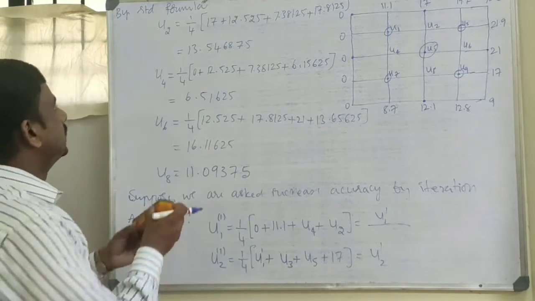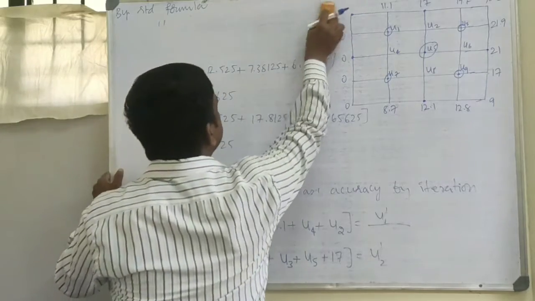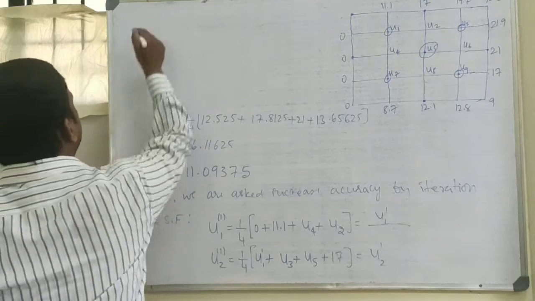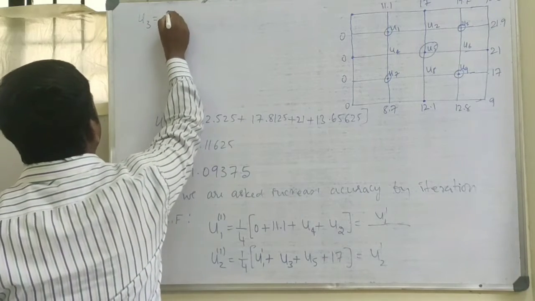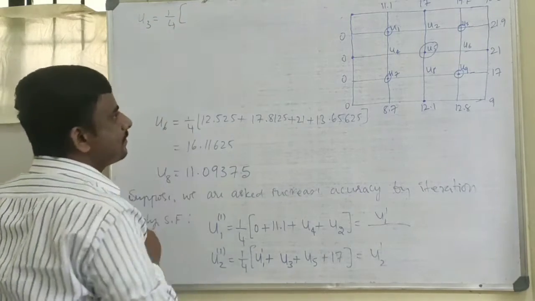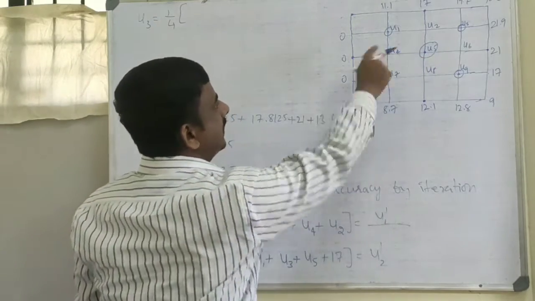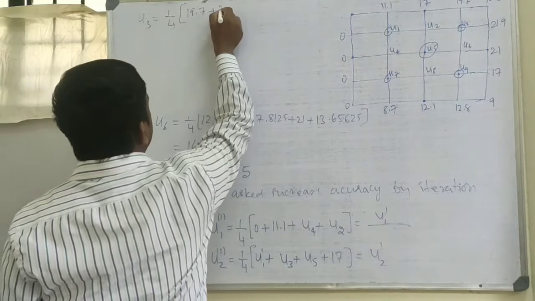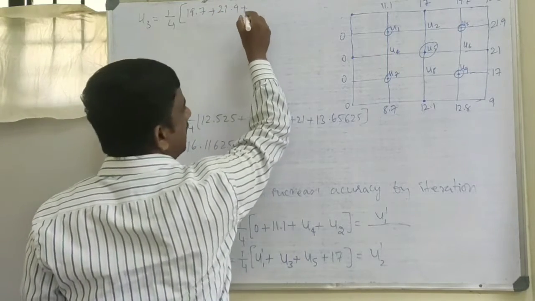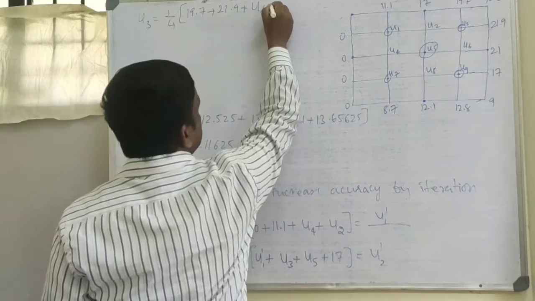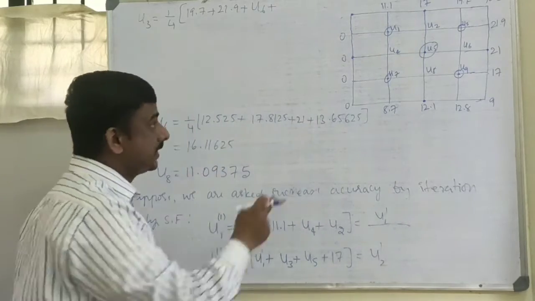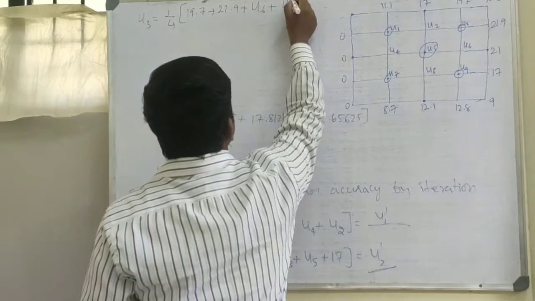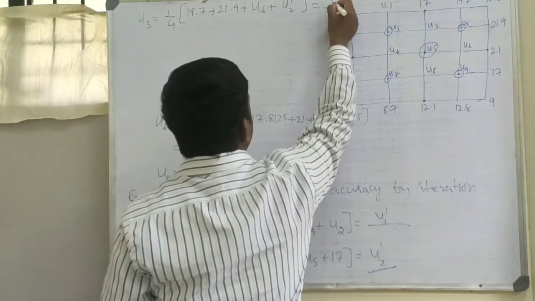Next, u3 will be 1 by 4 times 19.7 plus 21.9 plus u6 plus u2. I should not use that u2, I should use this value, u2 dash. I'll get u3 dash.